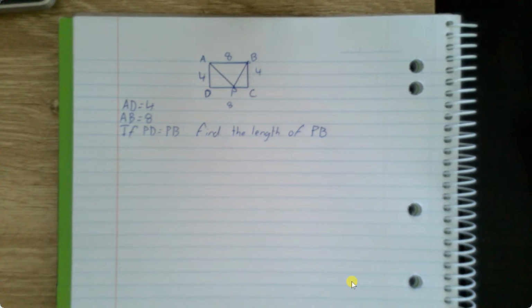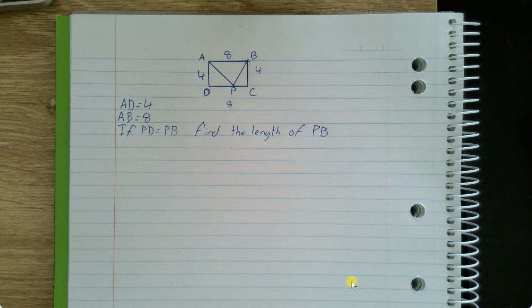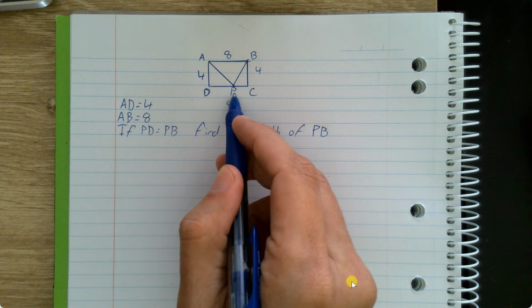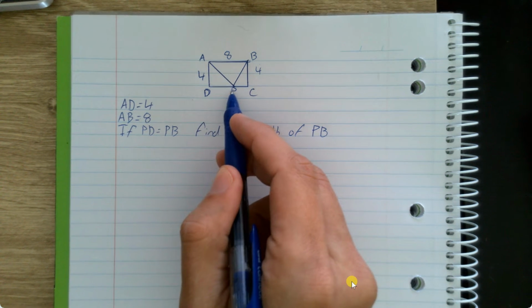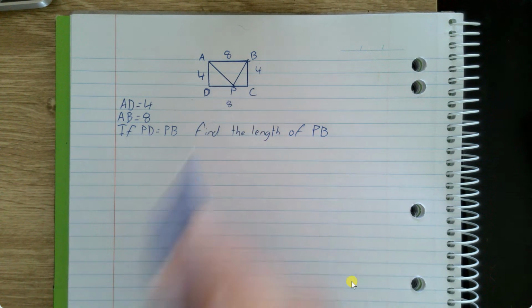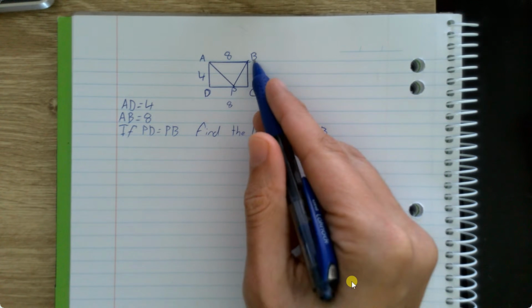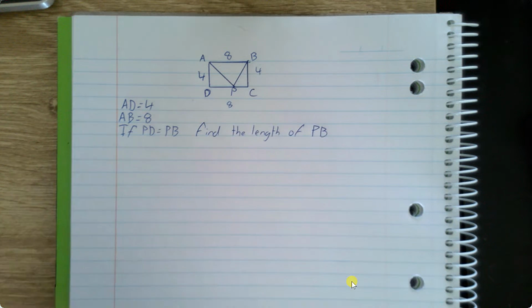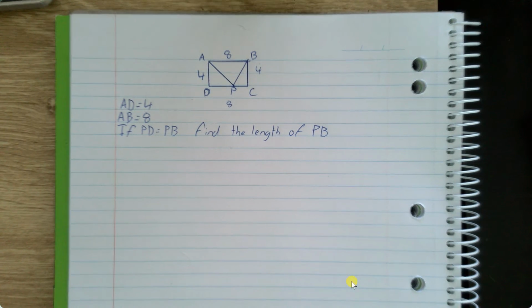It's saying if PD equals PB, so that's PD, P to the D, so pretty much the length of this left-hand triangle, if that is the same as PB, the hypotenuse of that right-hand side triangle, then you need to find the length of PB with that information.